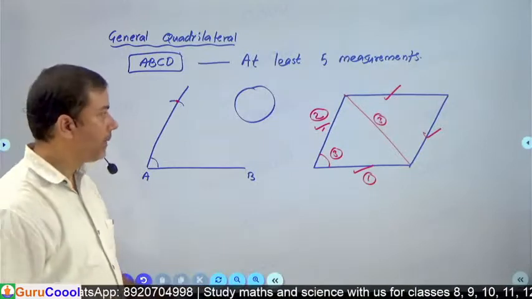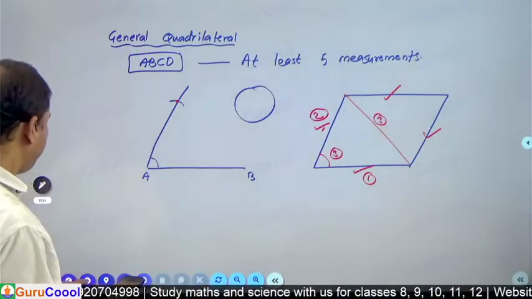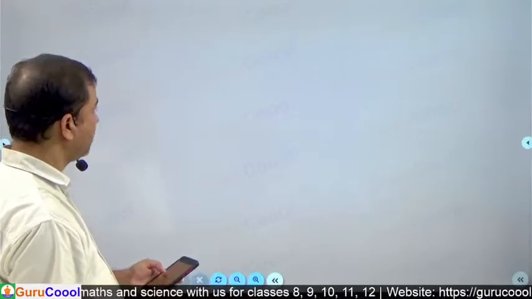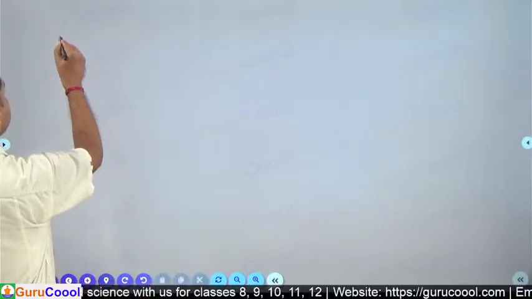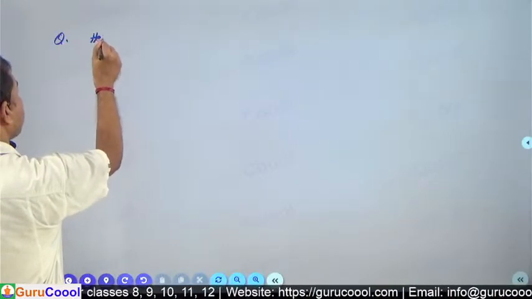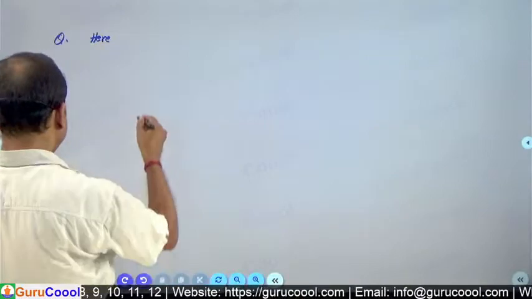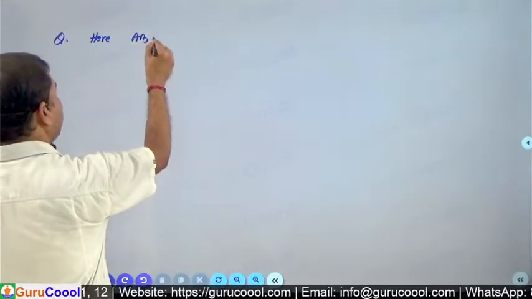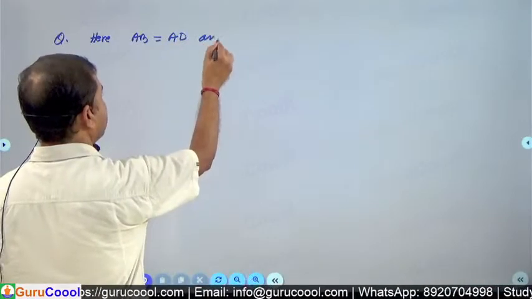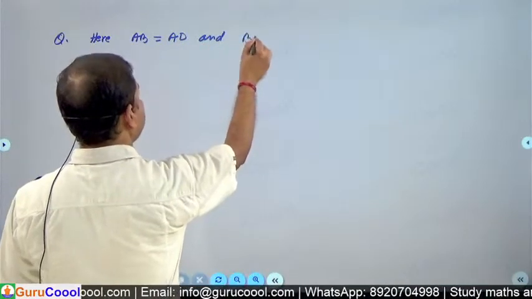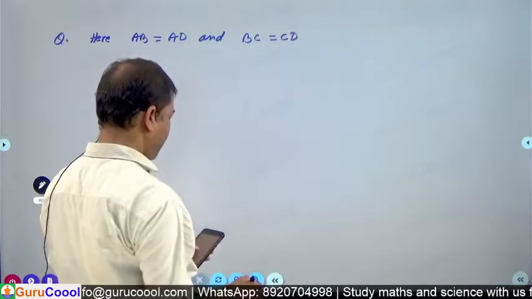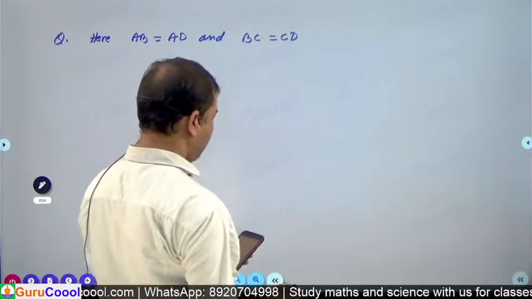Next question is, here AB equals AD and BC equals CD. Name the angles which are equal.